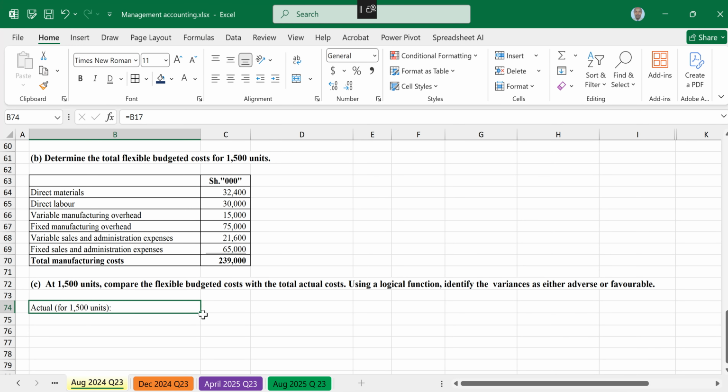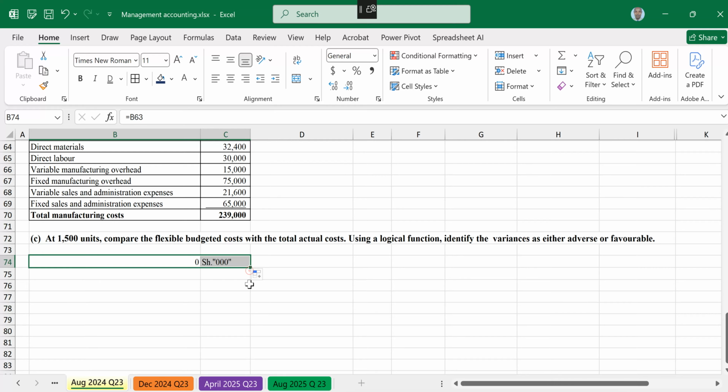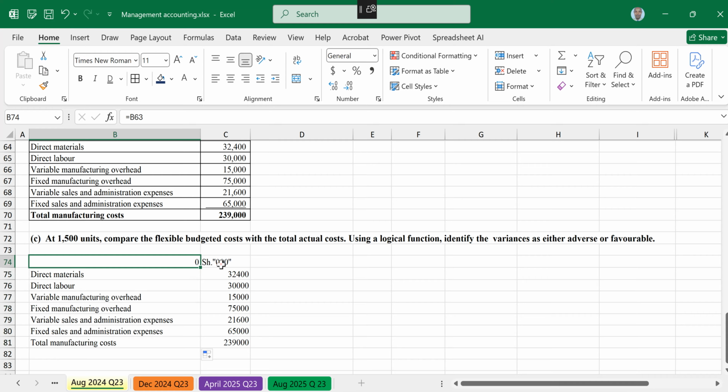Well, let us start with the flexible budget. This is the flexible budget.